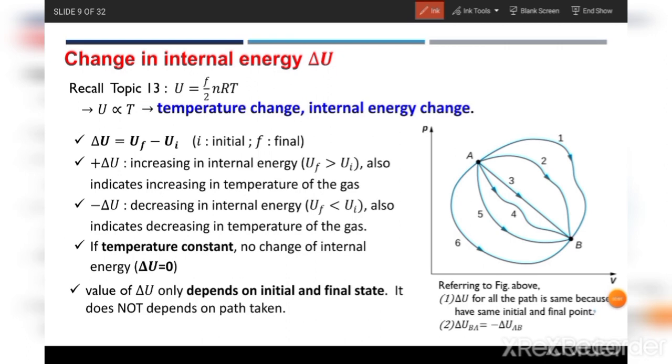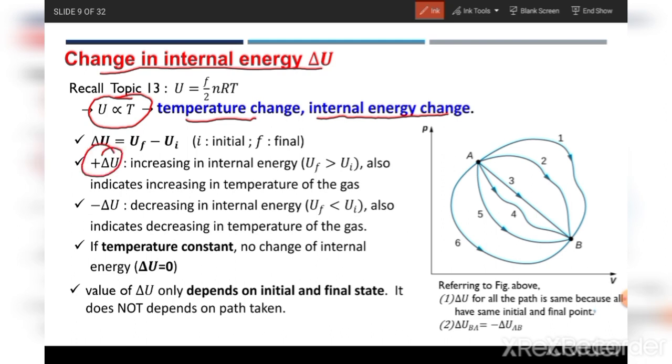Before we proceed to the example, let's look at the detailed explanation for change in internal energy. From the previous slide, delta U is directly proportional to T. So when temperature changes, internal energy also changes.